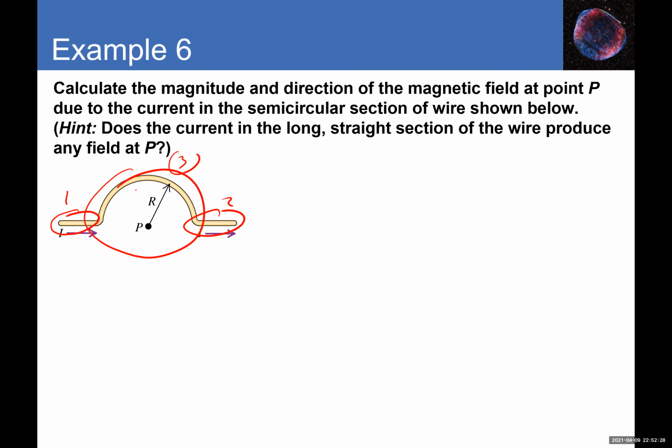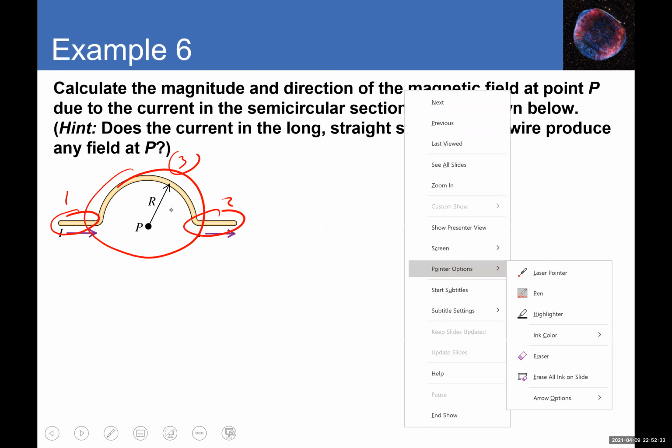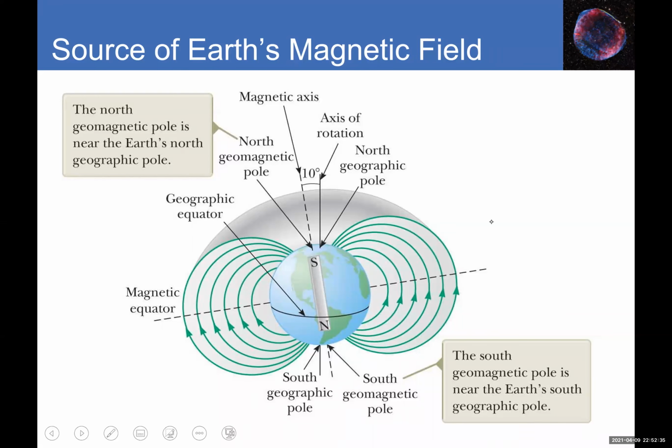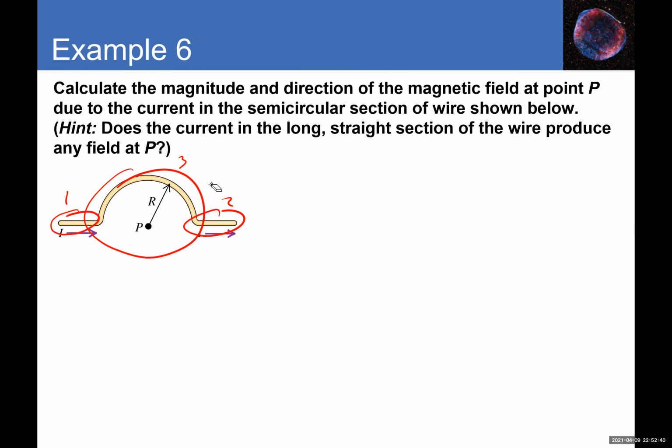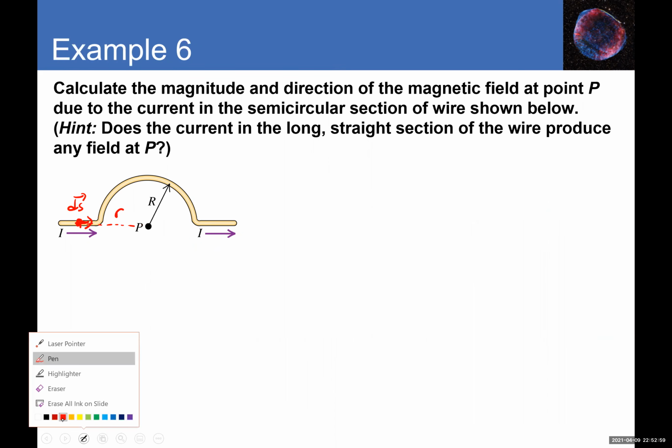Okay. So let's look at segment 1. For segment 1, I choose a small element, and let's say that's my ds. This is the distance from that to point P, so let's call that r. Then my r hat vector will be this guy over here.